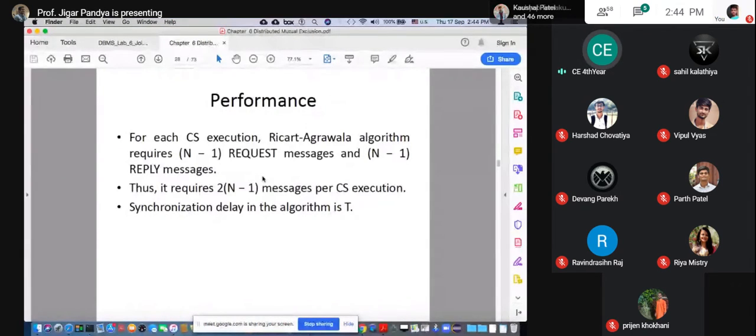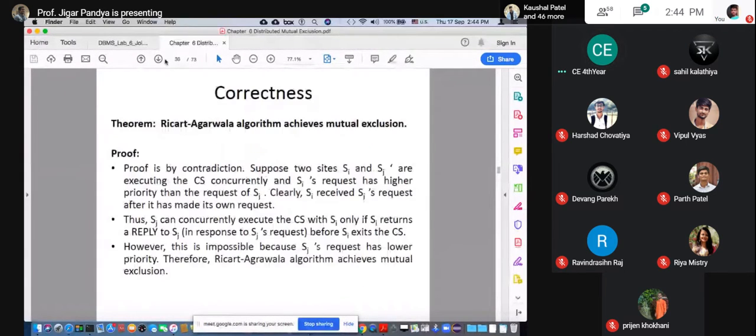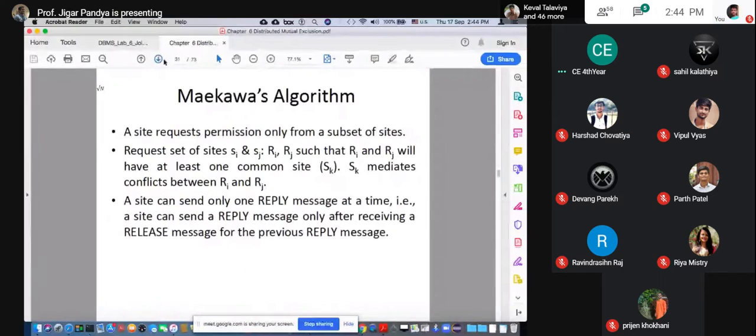Next we talked about token-based algorithms, and one of them is Maekawa's. Sorry, I said token based, but actually we are primarily talking about quorum based.